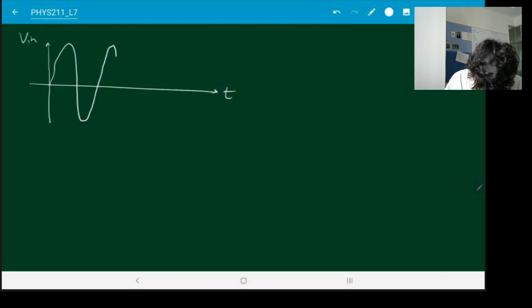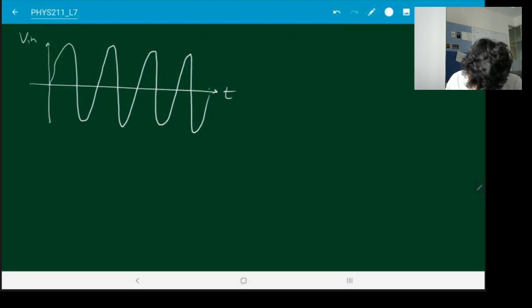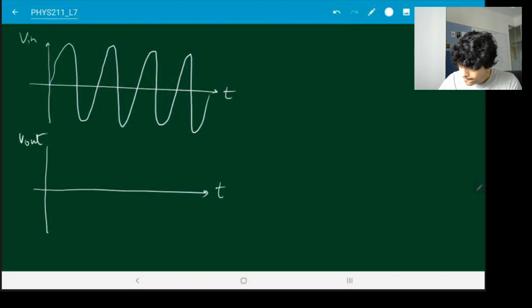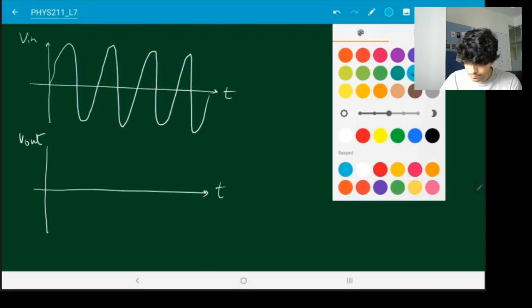Let's see what the Schmidt trigger does to a sine wave. Now, there is a UTP and there is an LTP.